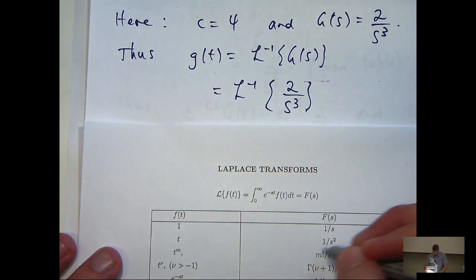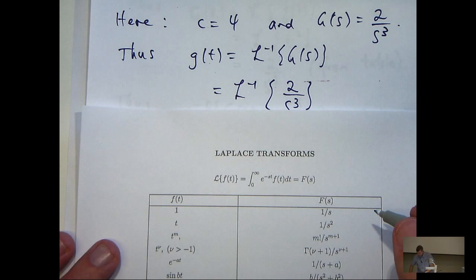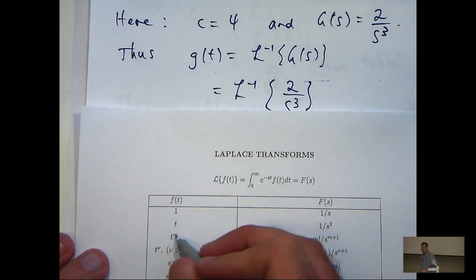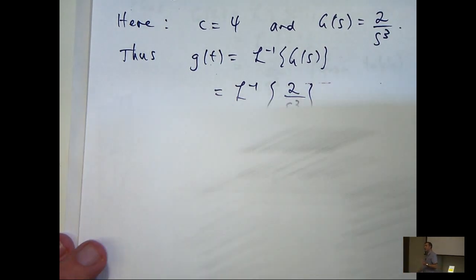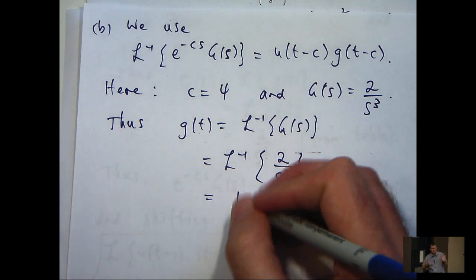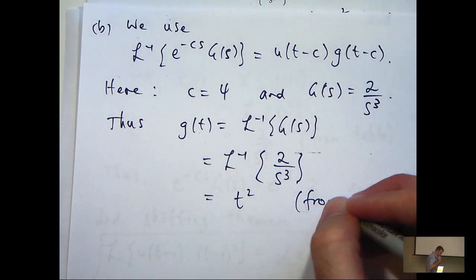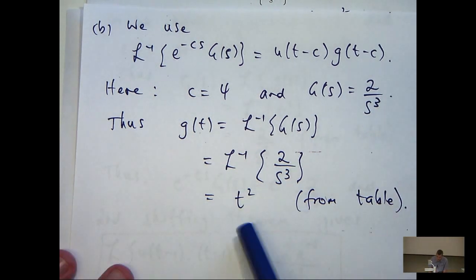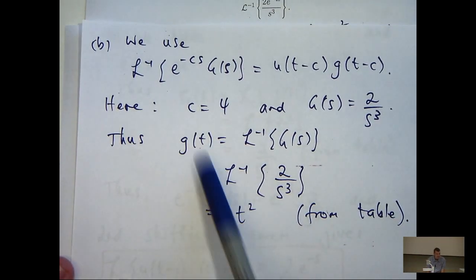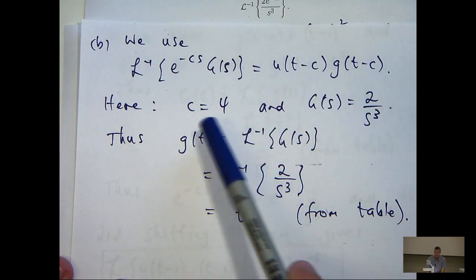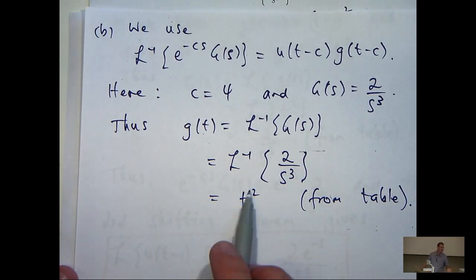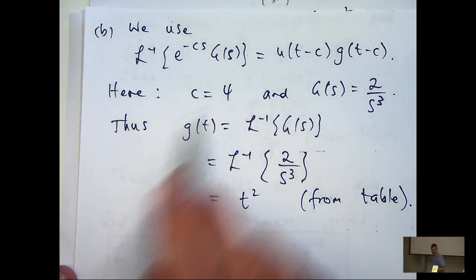For m equals 2, I see that the inverse Laplace transform will be t squared. Okay, so what we would like to do now is shift this C units appropriately. So let's replace t in here with t minus 4, all in brackets.